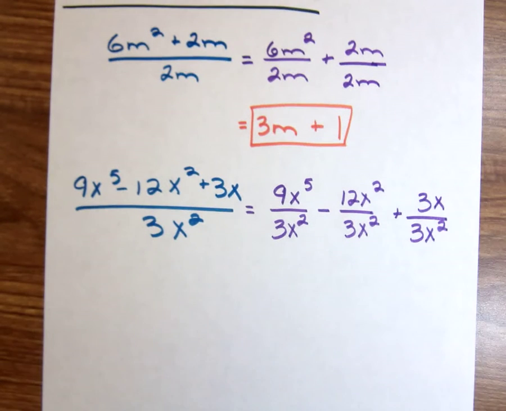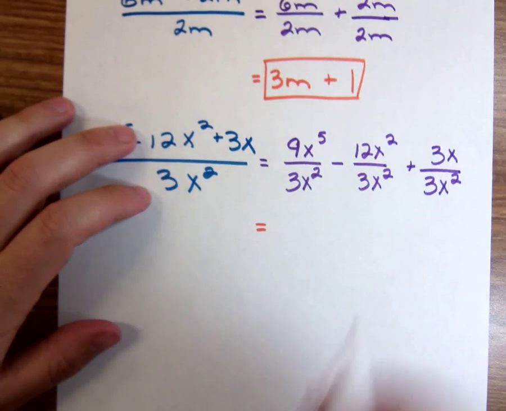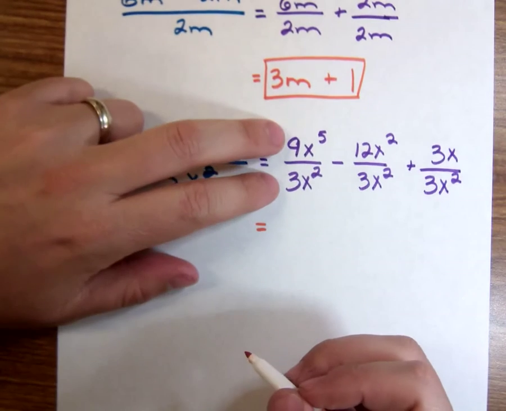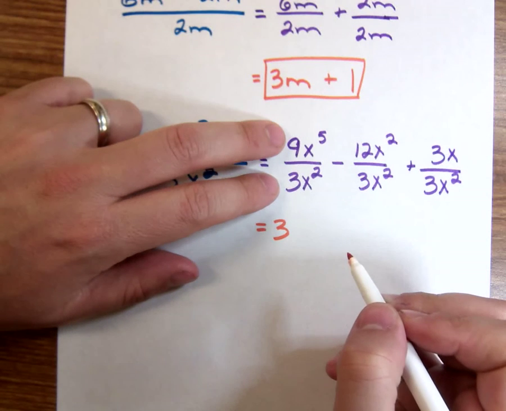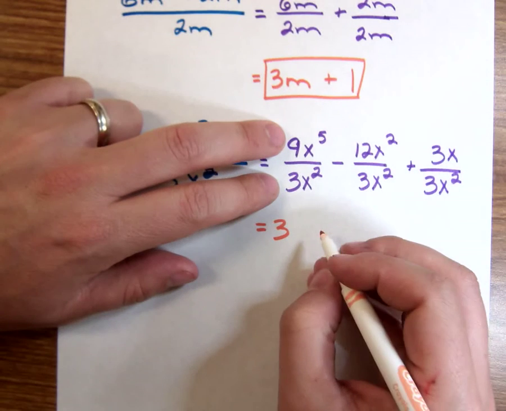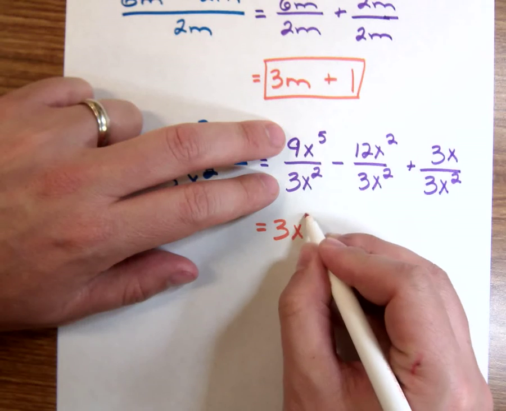I'm really going to put you to the test today on whether or not you remember those exponent rules that we learned a couple of weeks ago. I assume yes. We'll find out. And now that I split them apart, I just reduce the fractions. So 9 divided by 3 is 3. And then x to the 5th divided by x squared is? x to the 3rd.